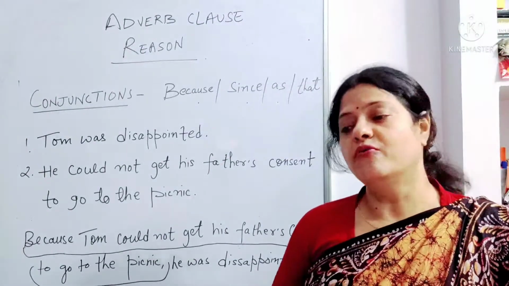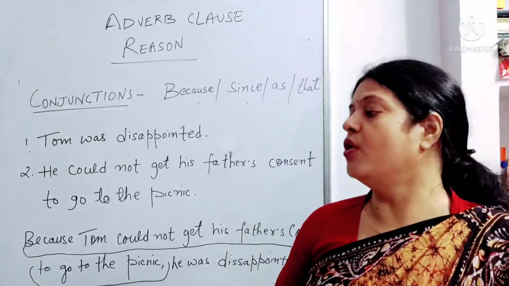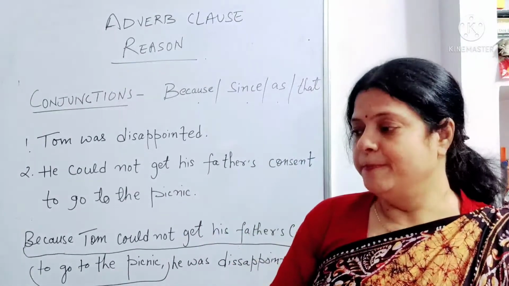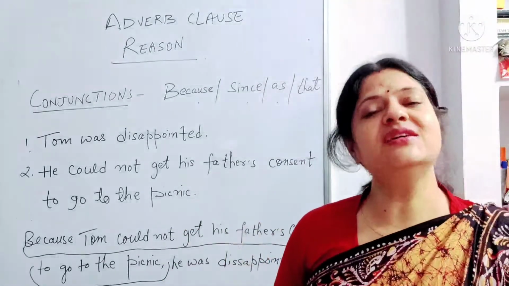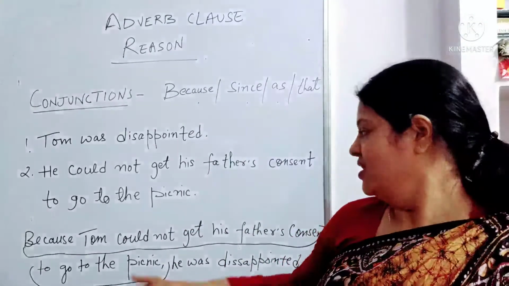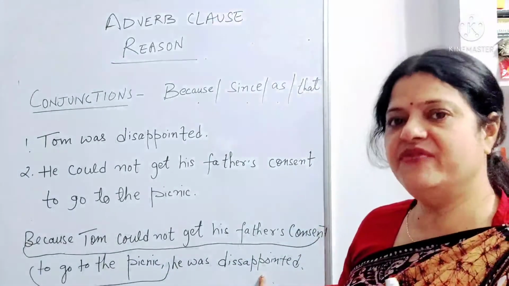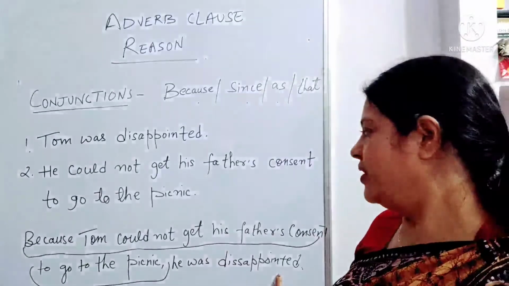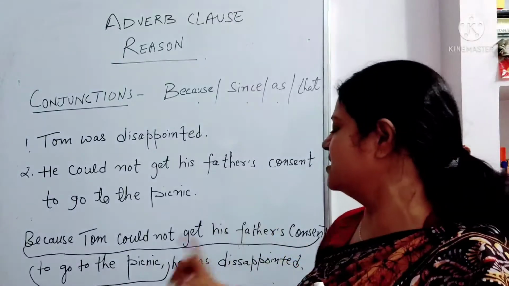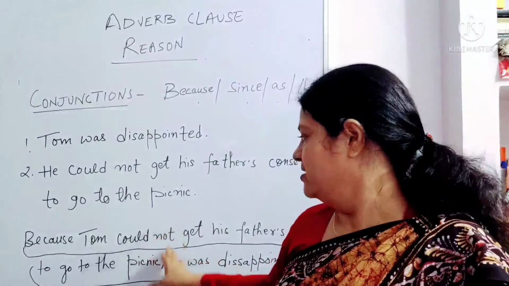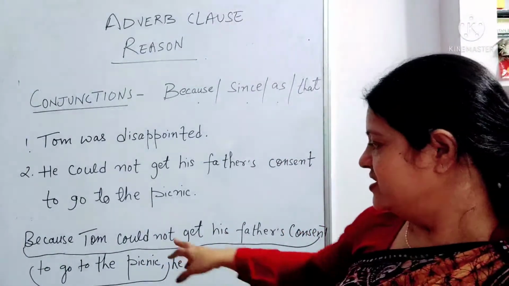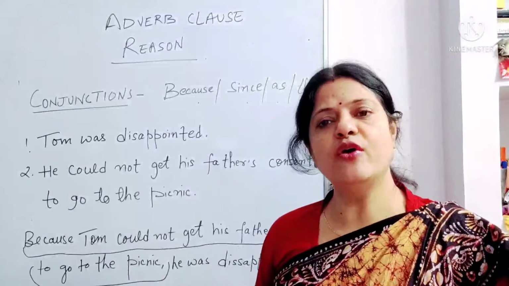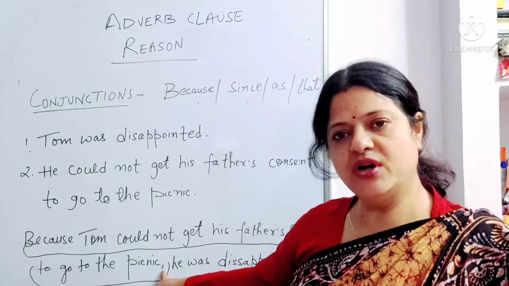As we know, the work of an adverb clause or adverb is to modify some verb, adjective or another adverb in the principal clause. So we have an adjective in the principal clause, disappointed. Why disappointed? Because he couldn't get his father's consent to go to the picnic. Okay, this is the reason. And since this subordinating adverb clause has come at the beginning of the sentence, I need to put a comma. Okay.